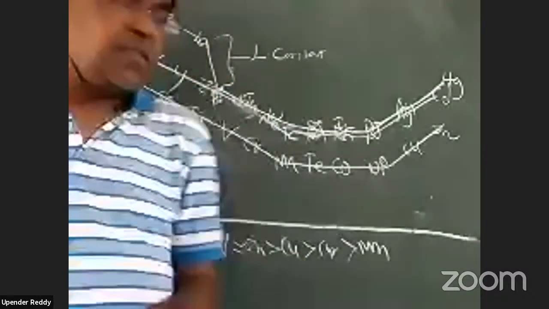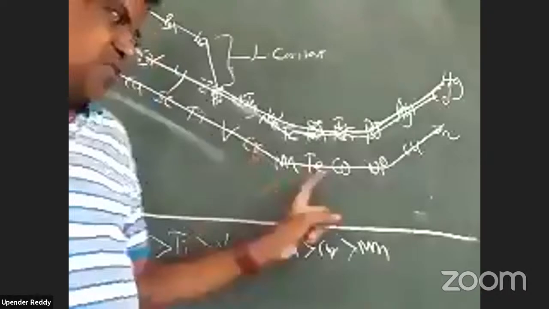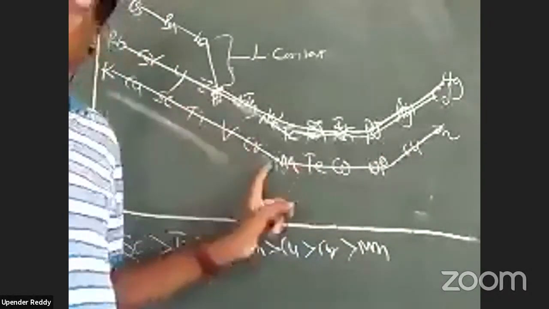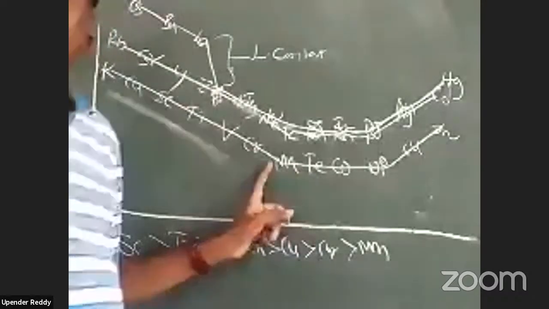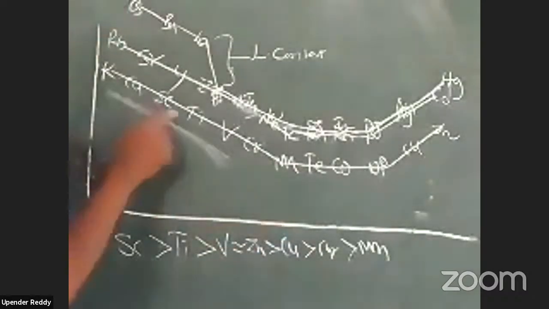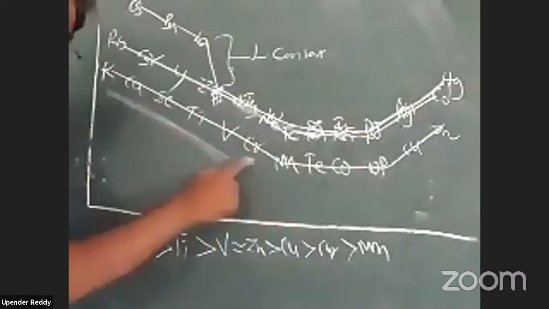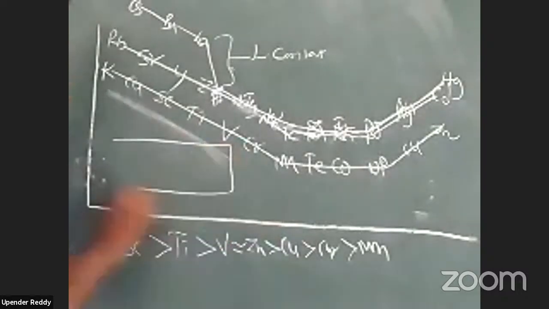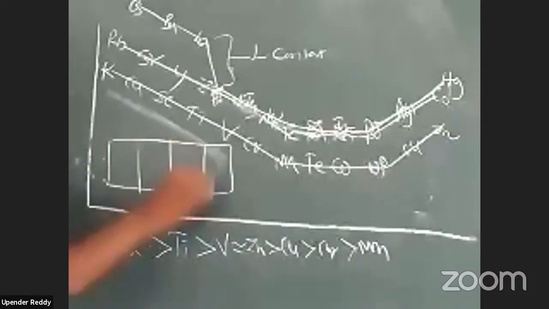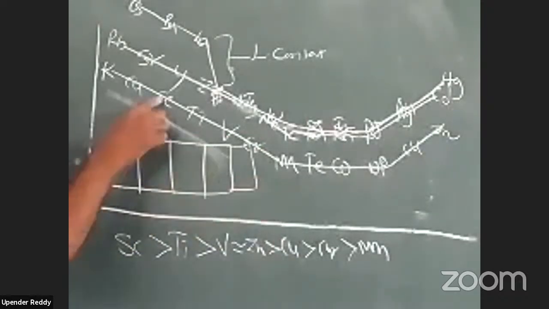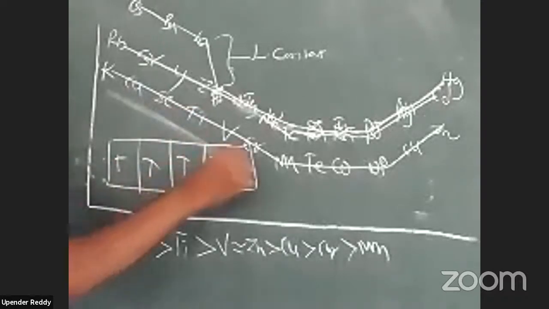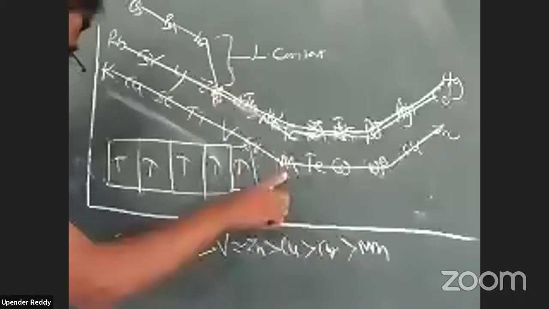So inter-electron repulsions will create this type of environment. Up to here, no inter-electron repulsions, because 3d1, 3d2, 3d3, 3d4, 3d5, up to manganese 3d5.